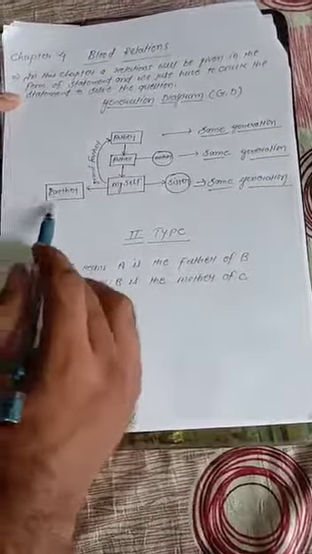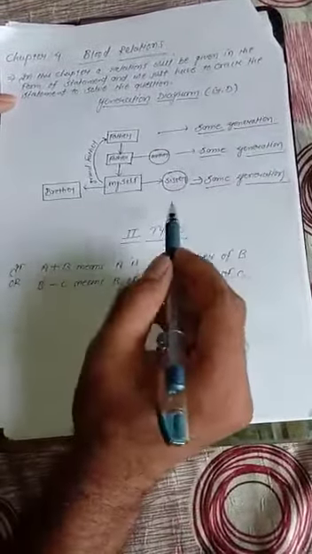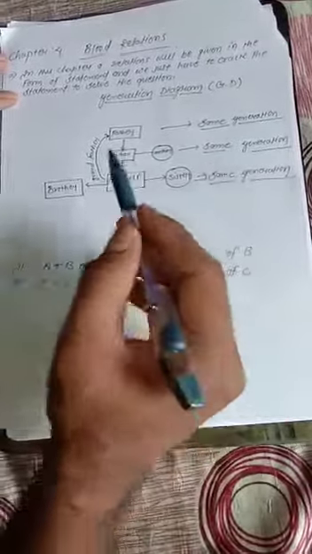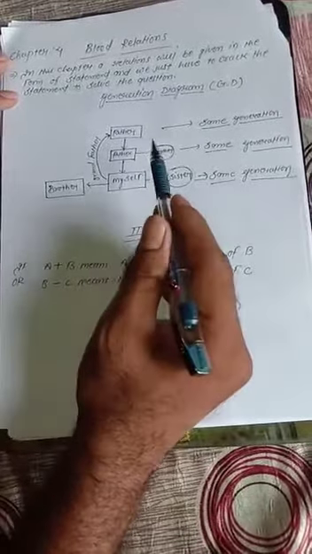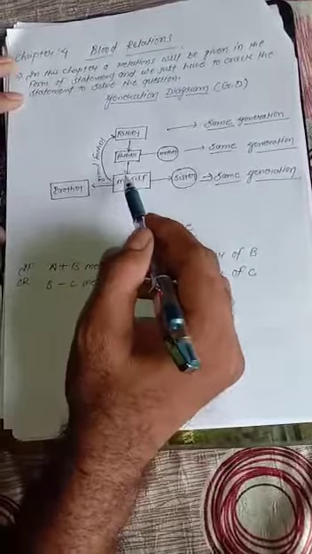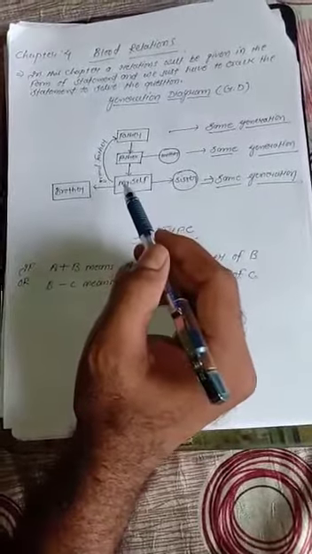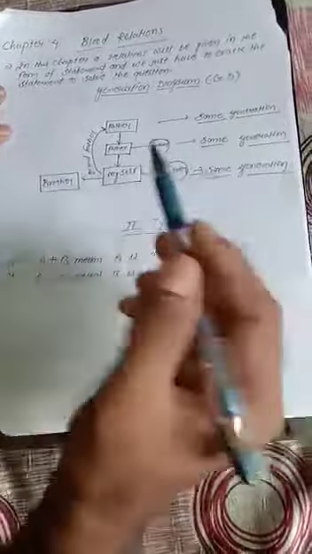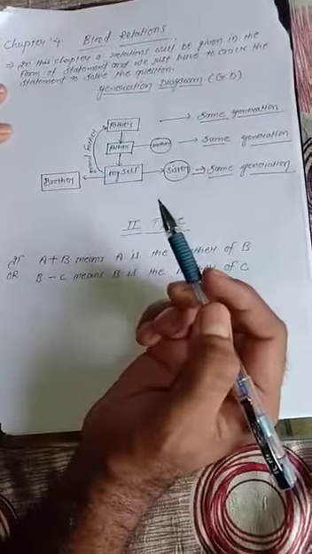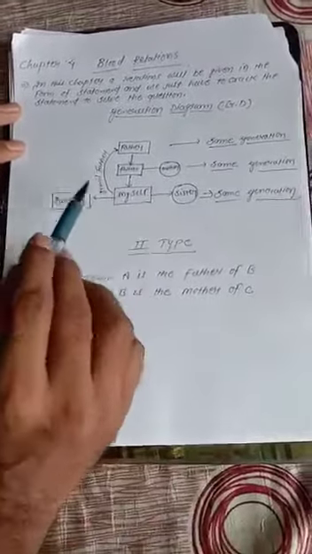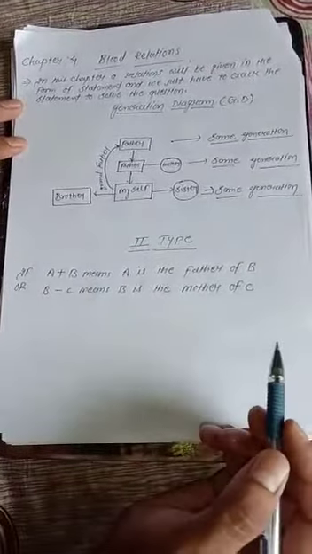That means our brother, sister, her husband, this kind of relationship will be in our generation. If we talk about our father and mother, this means the before generation. In the same way we will solve the problems related to the generations. So if we crack the statement and draw the generation diagram, the question will be quite easy.